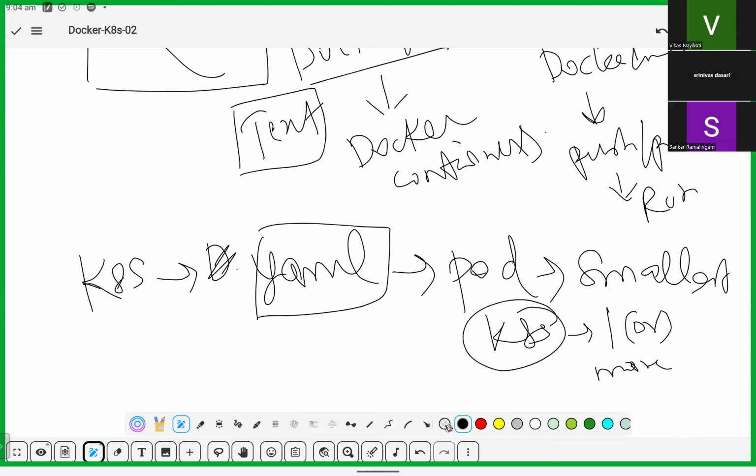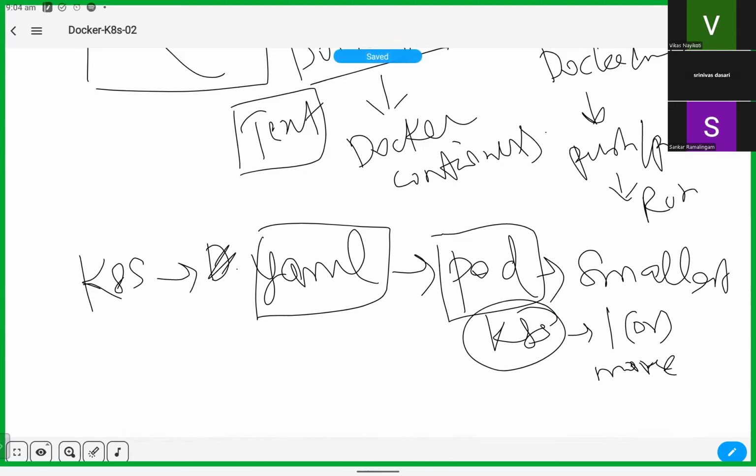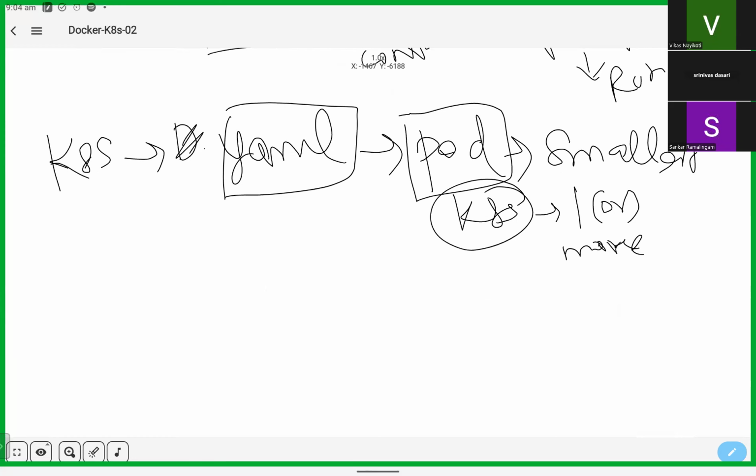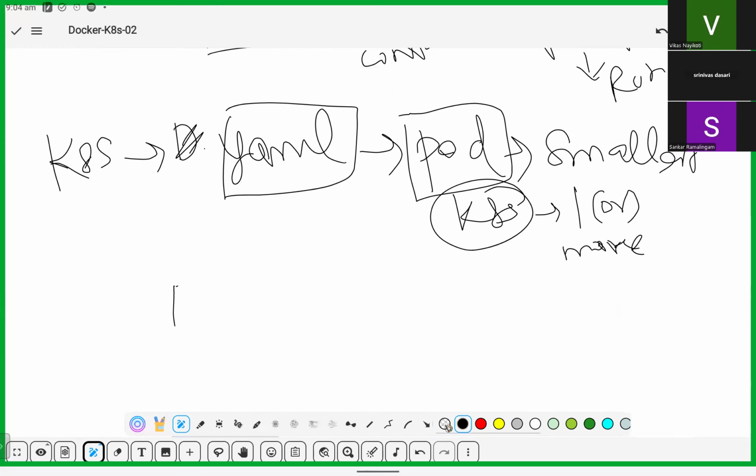We'll talk about what a container is. A container is nothing but a small application. You can run multiple applications inside a single pod. So the pod is the smallest unit inside your Kubernetes. When we say pod, think of it as a single container for now. Say container one is pod one.